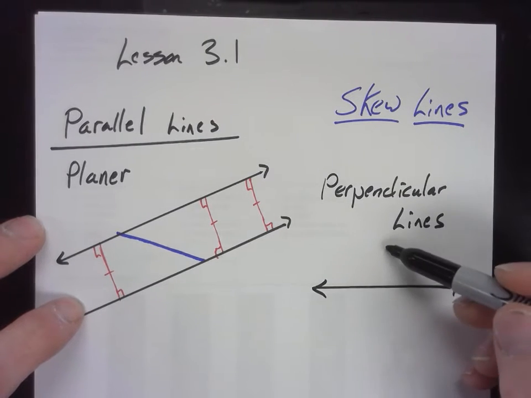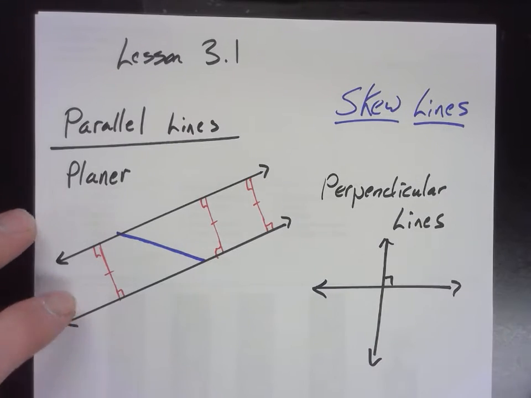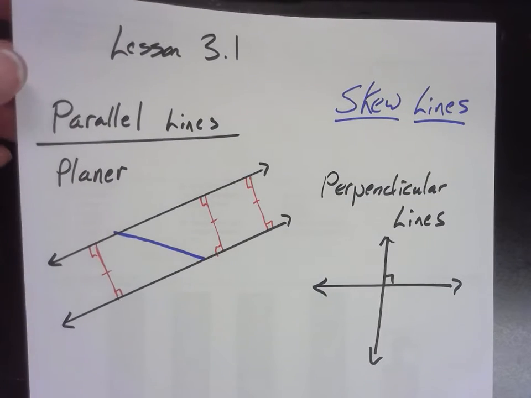Now, do they have to be in the same plane? Or anytime I draw two lines that intersect at a right angle, is there a plane that contains both of them? There is. And we can show that a little bit better if I draw a cube here for you.